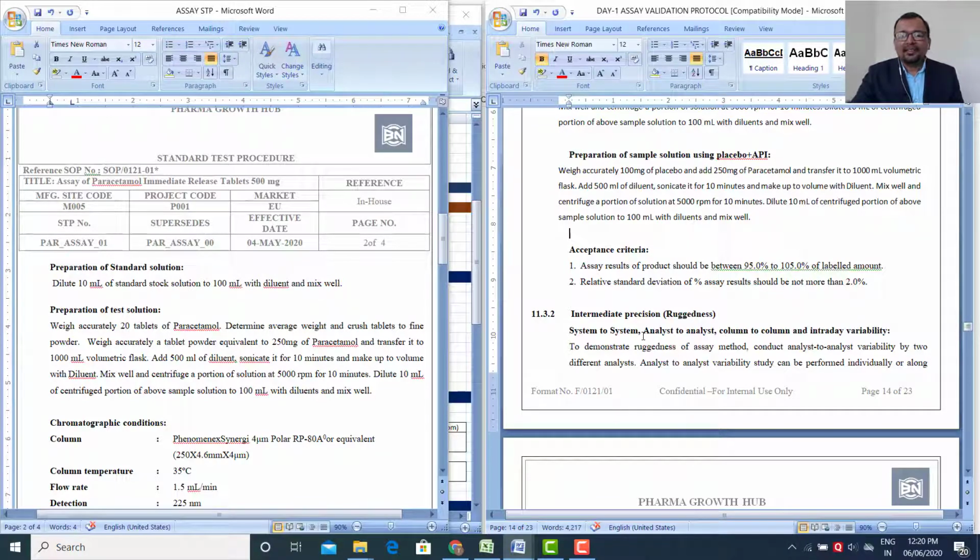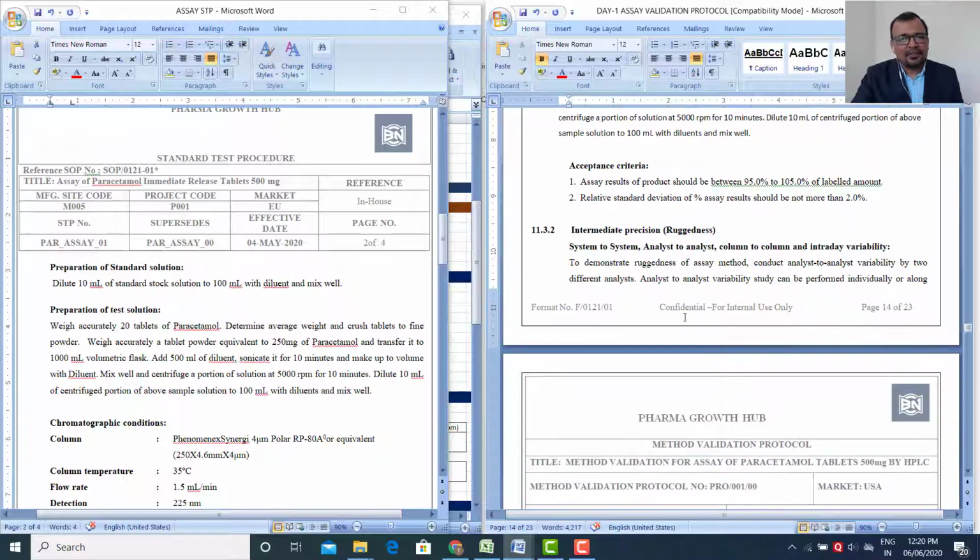Now the second part of precision is called the intermediate precision, or the ruggedness study. Understand one thing: when conducting intermediate precision, you need to perform the same set of analysis, the same set of 6 preparations, but on another day, by another analyst, using another set of instruments and equipment.